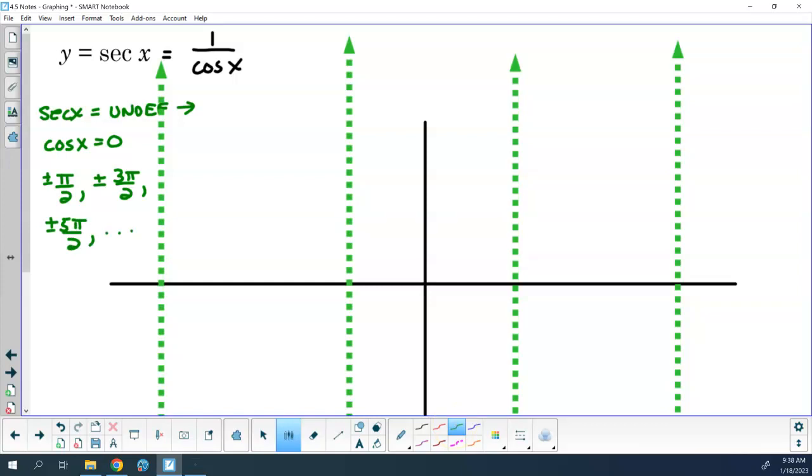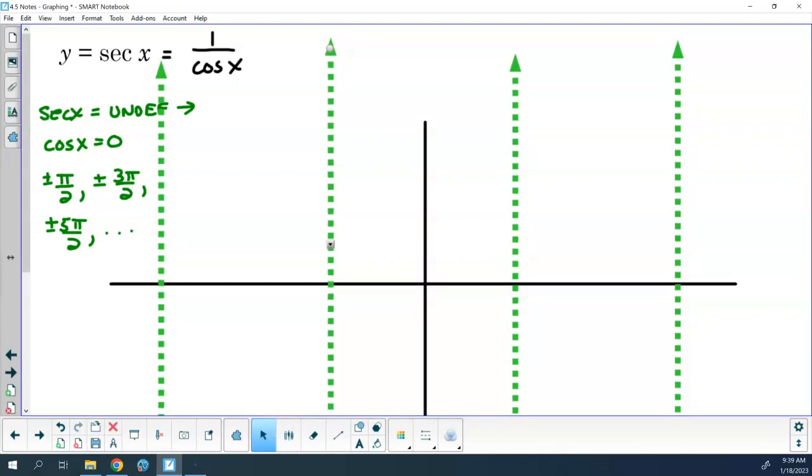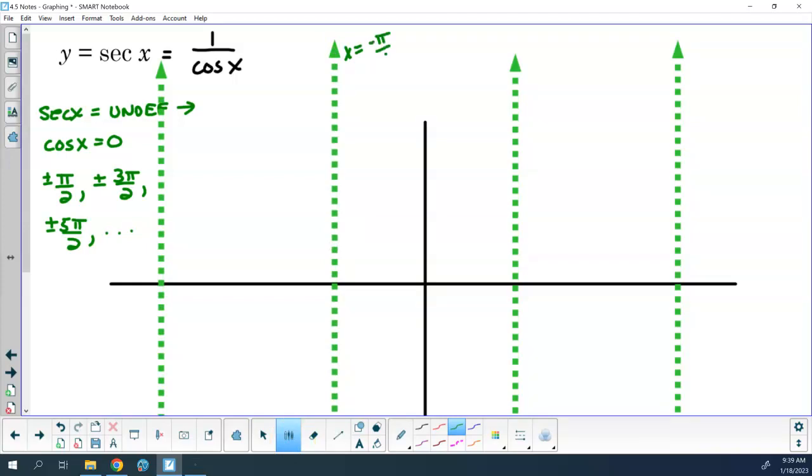So this would be x equals negative pi over 2. X equals pi over 2. X equals 3 pi over 2. X equals negative 3 pi over 2. Okay, like it?